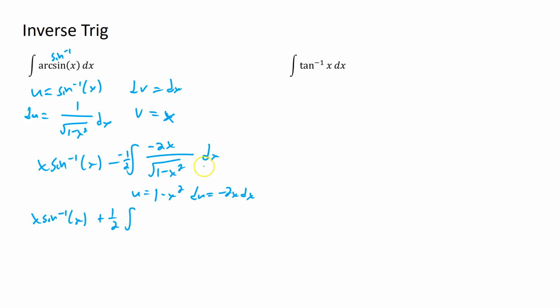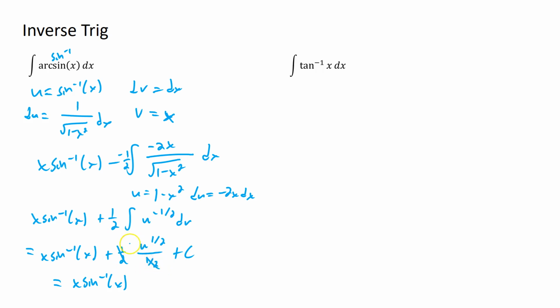The negative 2x dx creates my du, and then I just have u to the negative 1/2 du. So that is x sine inverse x plus 1/2. Now if we add 1 to negative 1/2, we have u to the positive 1/2 divided by 1/2, and then plus c. So that is x sine inverse x. The 1/2s here actually cancel.